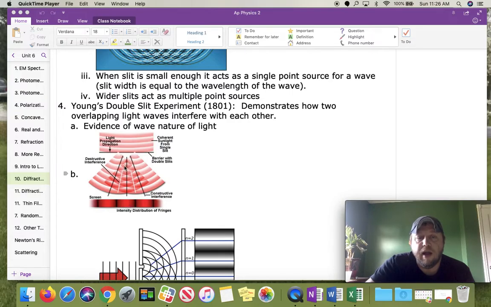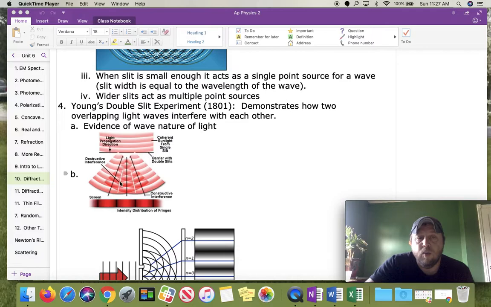I'll get to this in more detail in a little bit, but this is important to understand. The distance from this slit opening to this central maximum and from this slit opening to this central maximum is exactly the same. If I take a straight edge and make a line from here to here and a line from here to here, the distance that the light has to travel is exactly the same, which, if this is coherent light, we would expect the light to be in phase at this point once it gets to the screen.